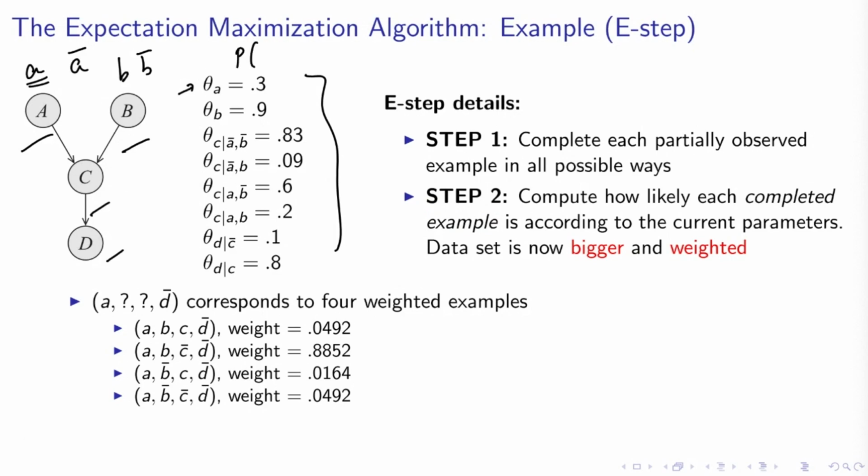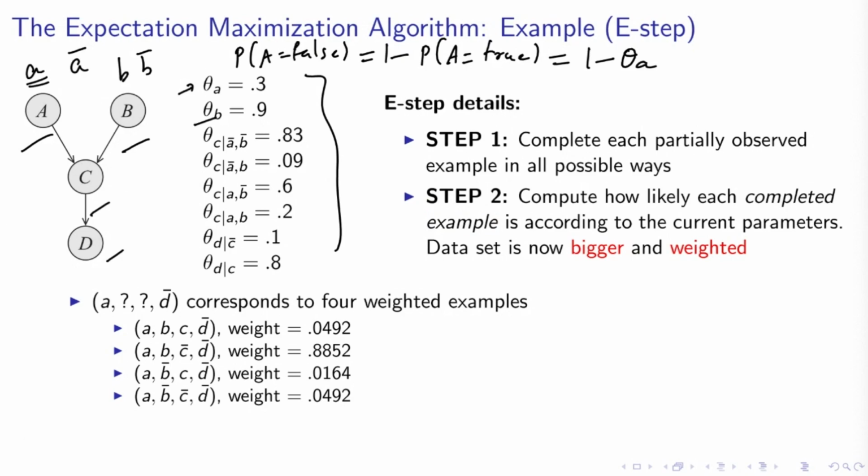So P of A equals false is nothing but 1 minus P of A equals true, which is the same thing as saying that this is nothing but 1 minus theta A. Therefore, A is associated with just one parameter, theta A. B is associated with just one parameter, theta B.